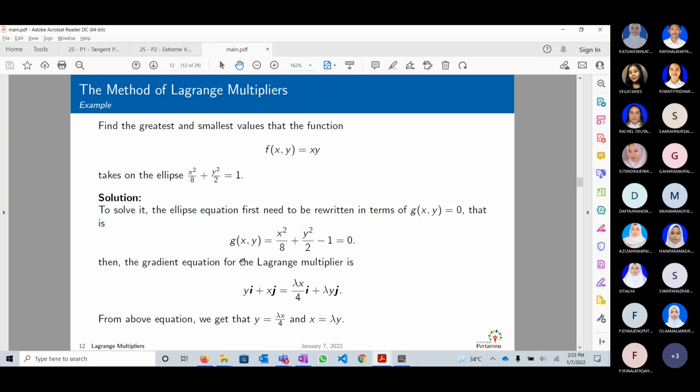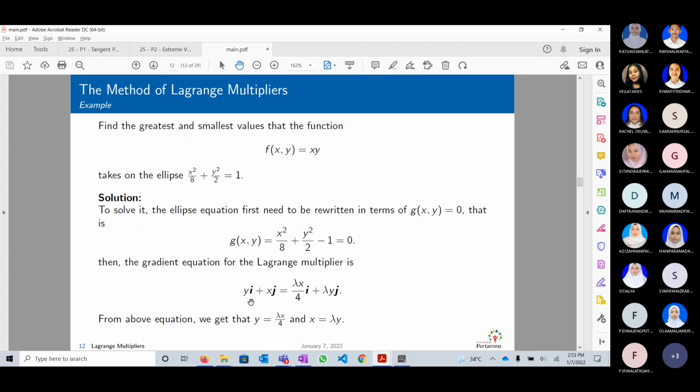Then the gradient equation for the Lagrange multiplier is basically this. Jadi fungsi gradiennya adalah turunan f terhadap x adalah y untuk arah i, turunan f terhadap y adalah x untuk arah j, ya, sama dengan lambda kali gradiennya g.